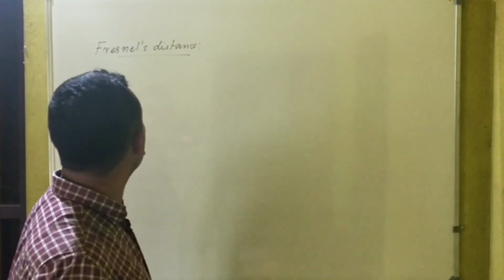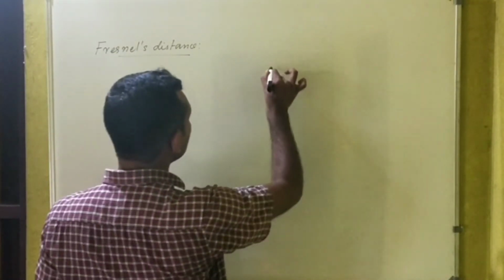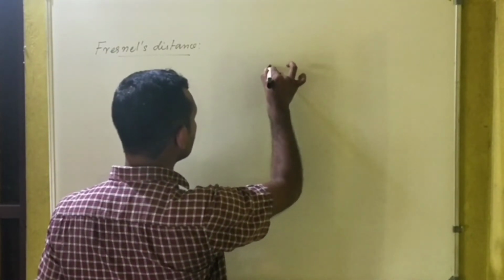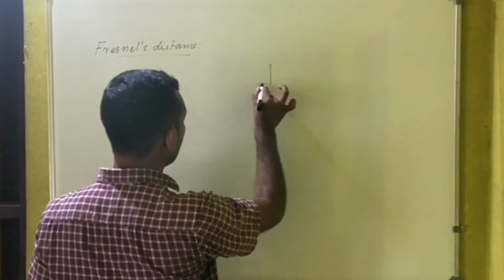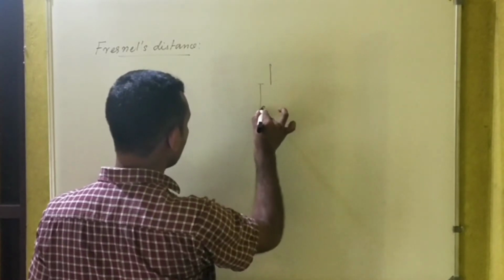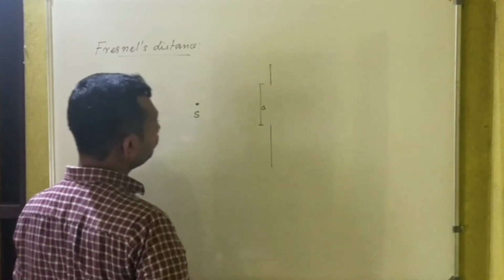We will now see about the Fresnel distance. Let us consider the single slit diffraction experiment with slit of width a. This width is a. We have a point source of light.